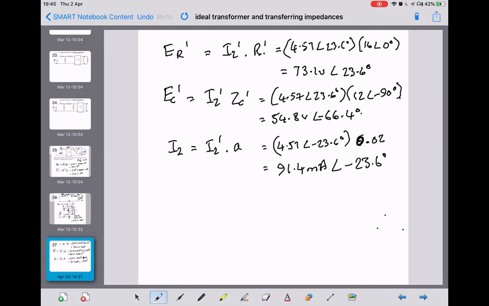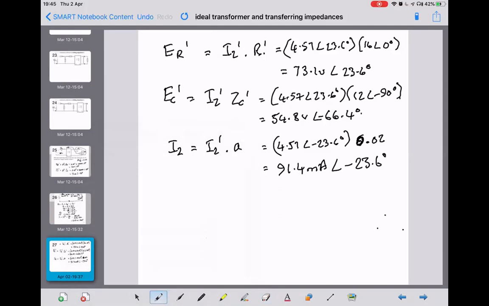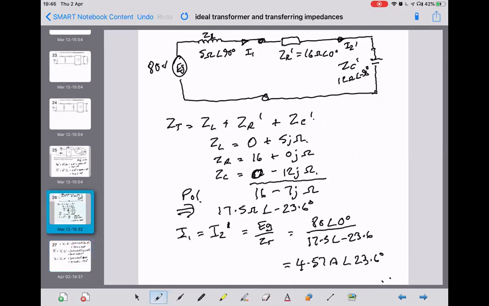It's plus 23.6, because you're adding 0, effectively. You don't change the angle. It should have been plus 23.6 in the first place. Go back to that previous slide. Yeah, that's it.